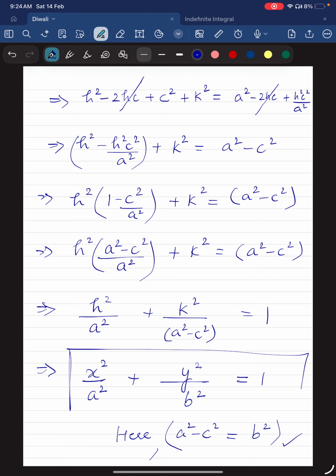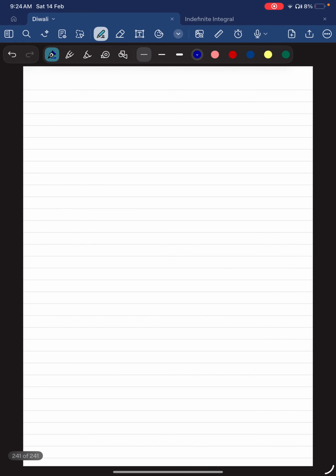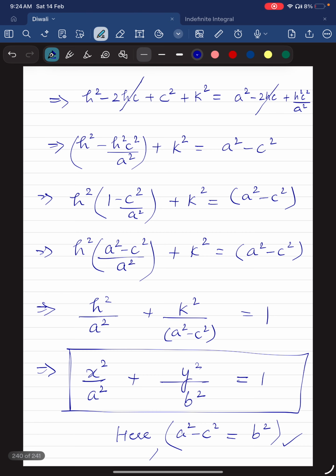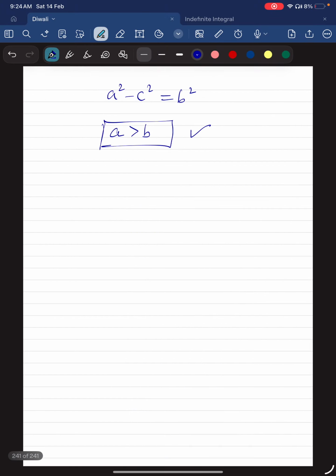So this gives me my standard equation of ellipse. By writing A square minus C square is equal to B square, I have considered as of now A is greater than B. So now using this standard equation of ellipse, I need to draw this particular graph of ellipse.